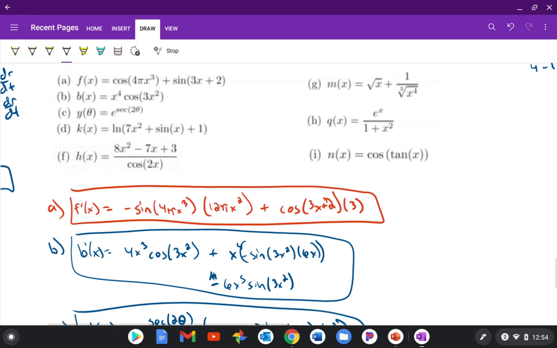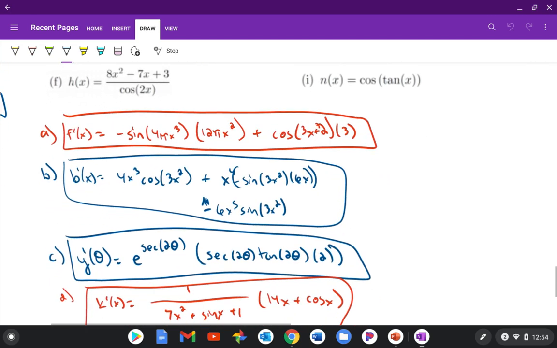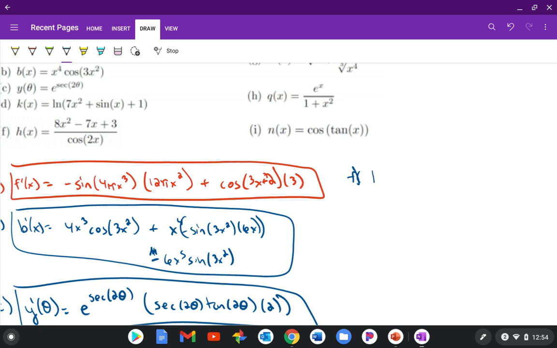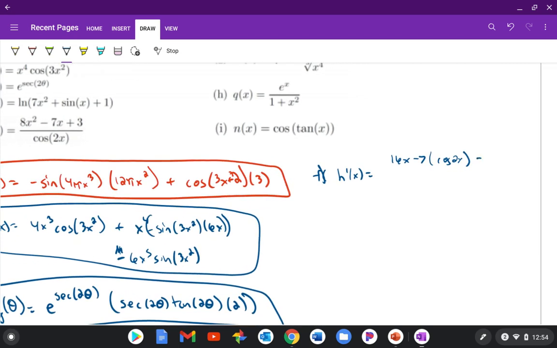For E, I guess I deleted E. Sorry, for F, go over here. This is going to require a quotient rule. So it's going to be h prime of x: the derivative of the top, which is 16x minus 7, times the bottom, cosine of 2x, minus the original top, times the derivative of the bottom.